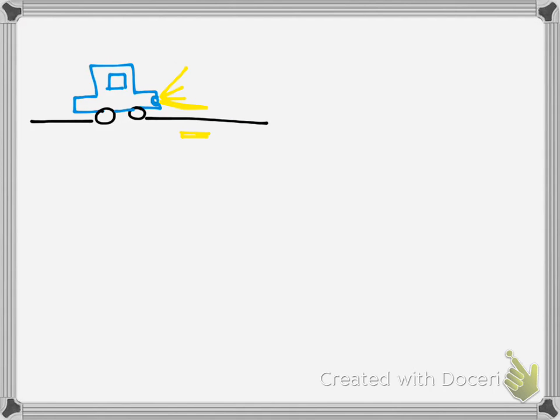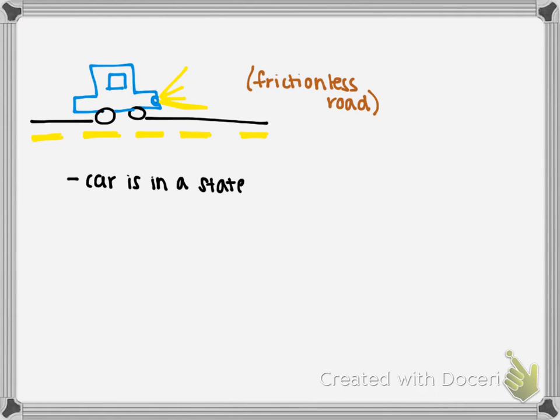Okay, so to better understand this concept, I drew a car moving forward on a frictionless path. Here the car is in constant speed, or in constant motion, therefore there are no forces acting on it right now.